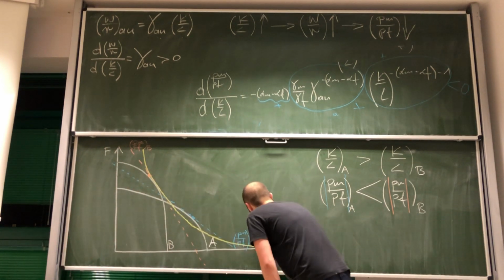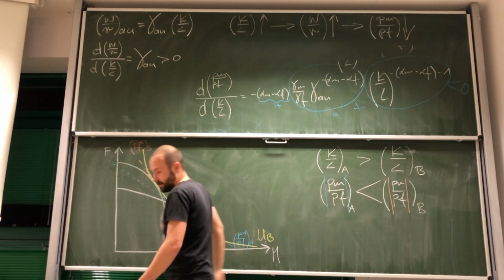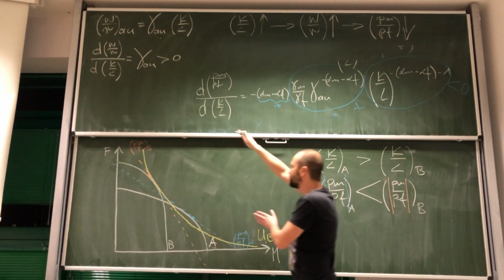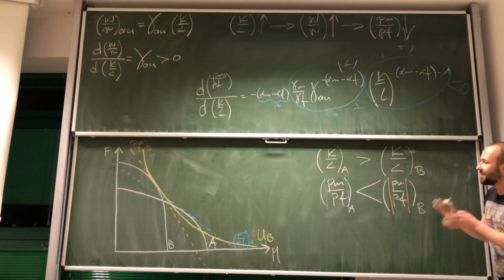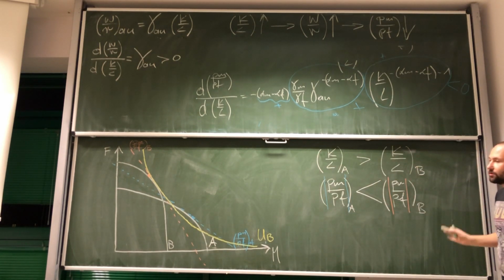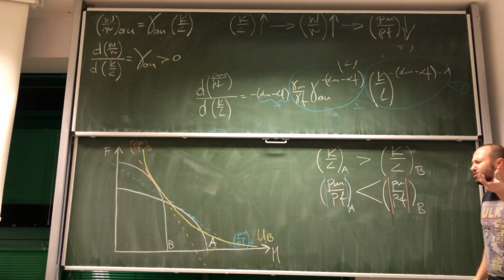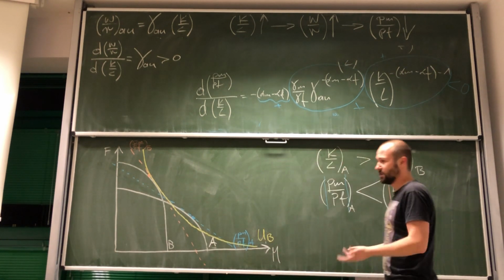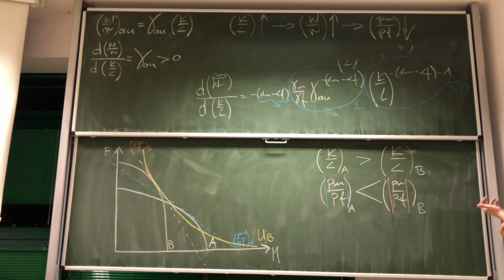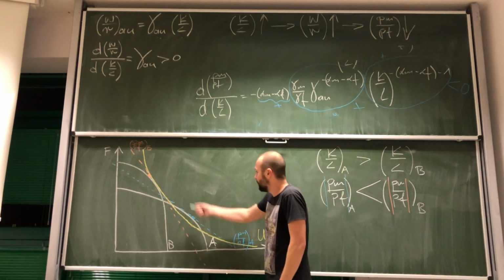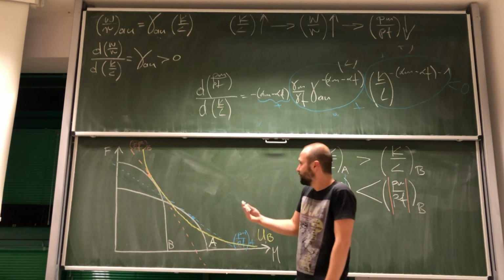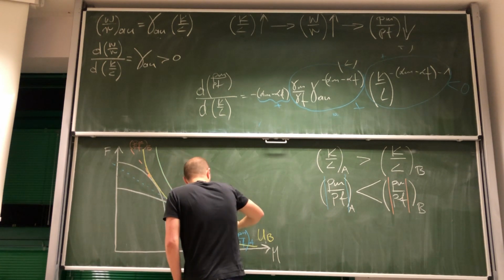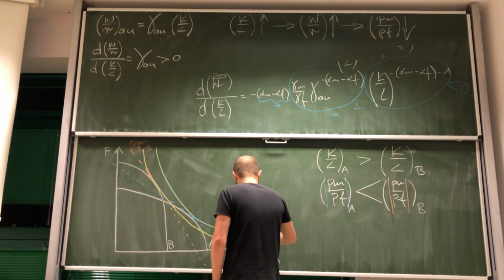I'm going to call it UB. Now, which color haven't I used? Maybe green. Now I should draw the one that is exactly parallel to this one. I'm not sure I'm going to be able to do it. But why do they need to be parallel? They need to be parallel because we've got homothetic preferences. But of course, for two different countries, they can be in different positions. And here we have UA.